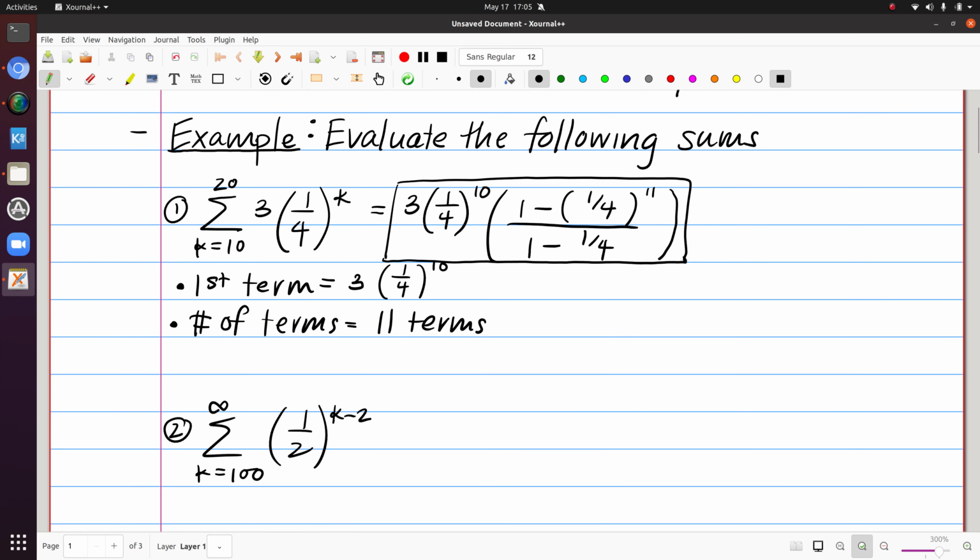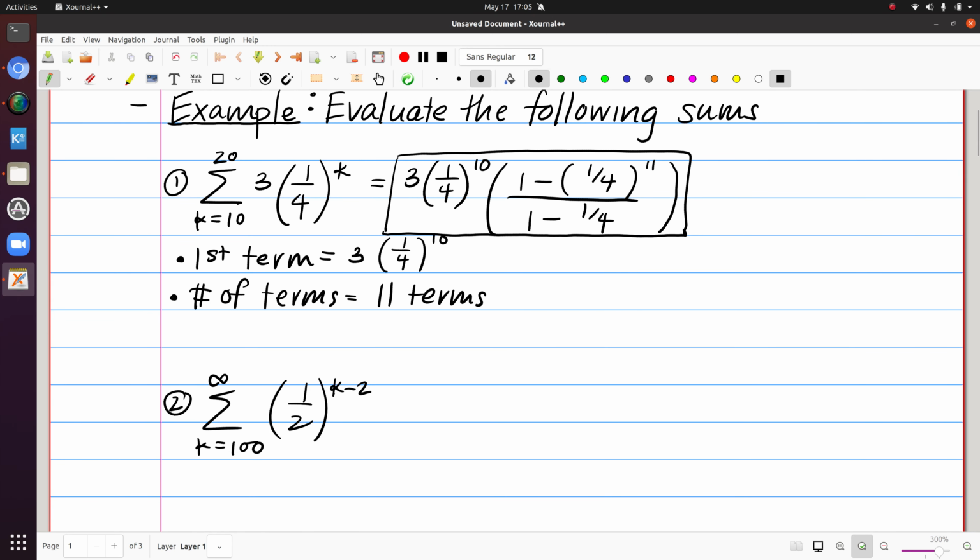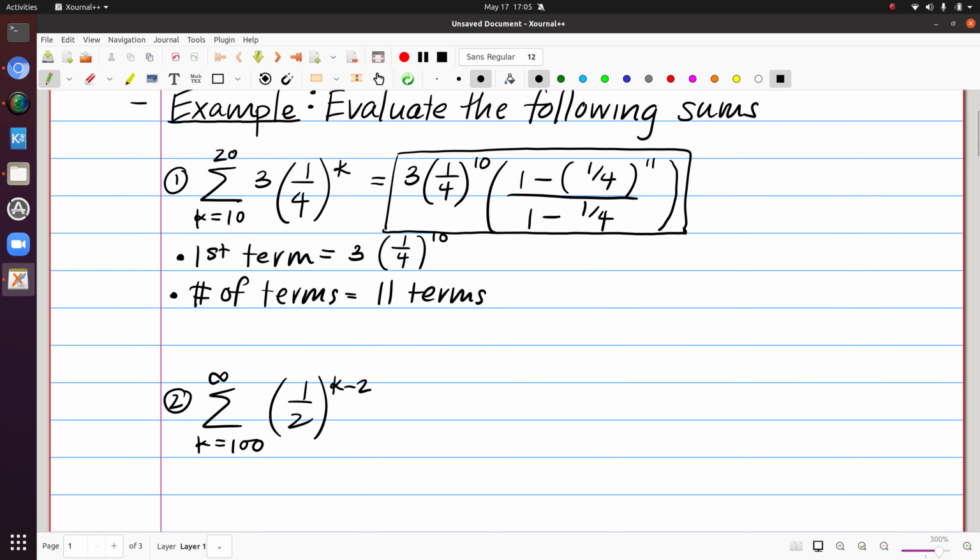Here I have an infinite geometric sum, and we have to be a little bit careful that this is not just written as r to the k, so we haven't quite dealt with this before. And it turns out if you have an exponent that you can express as a linear function of the index, then it's geometric. So certainly k minus 2 is linear.